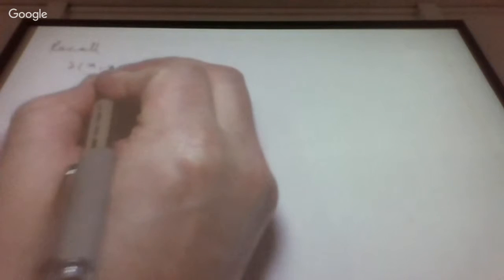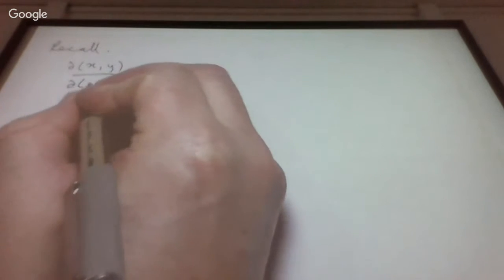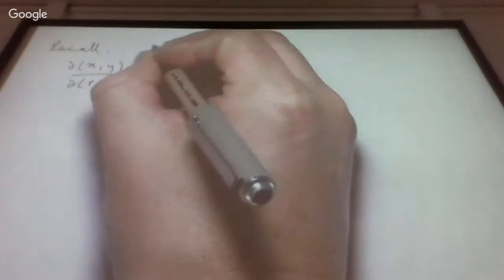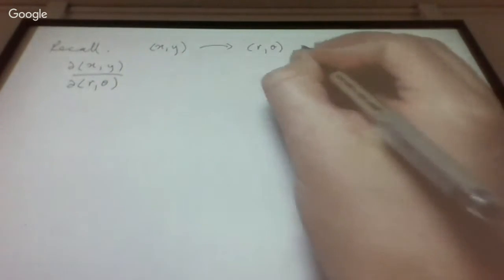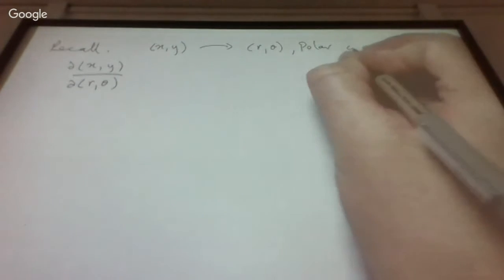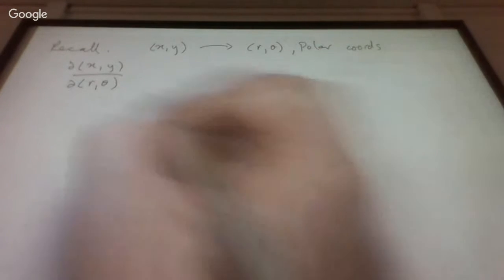First of all, just to recall, we made use of the Jacobian of the transformation from Cartesian coordinates to polar coordinates. I'll just remind you of how that went.